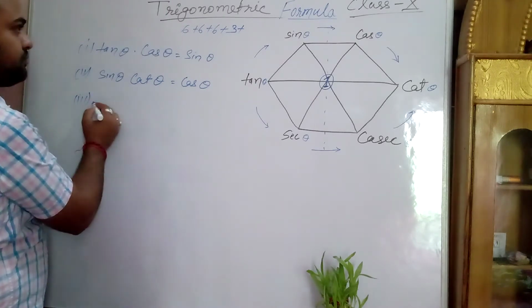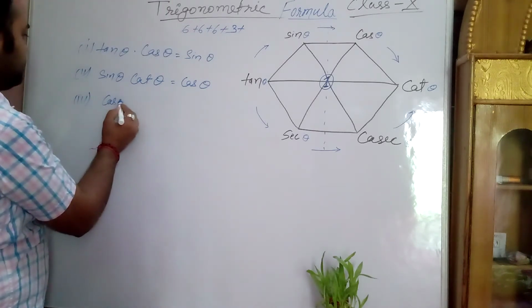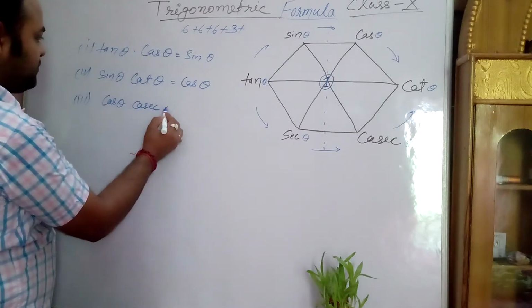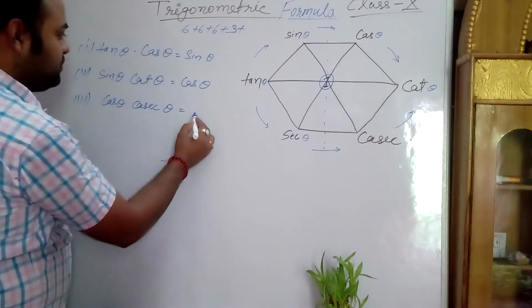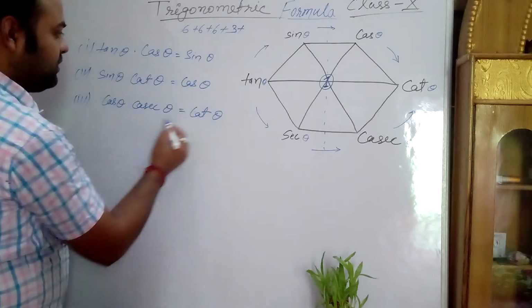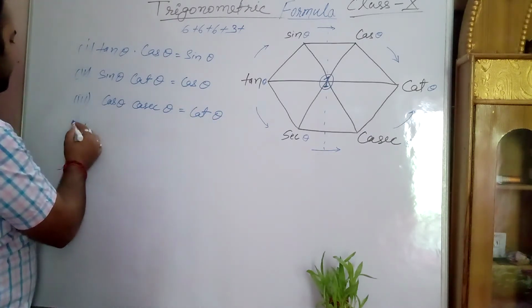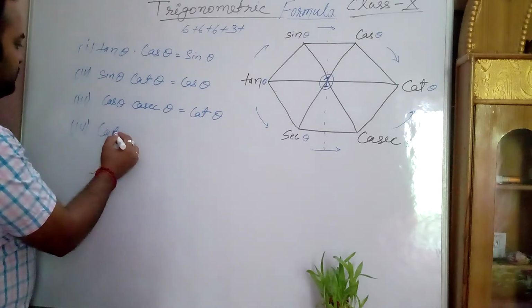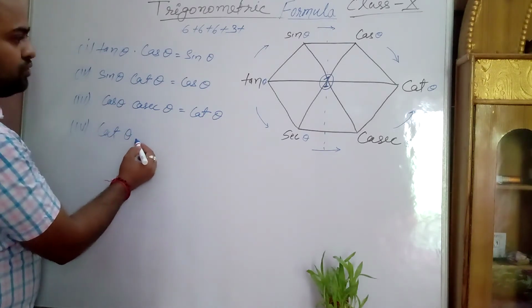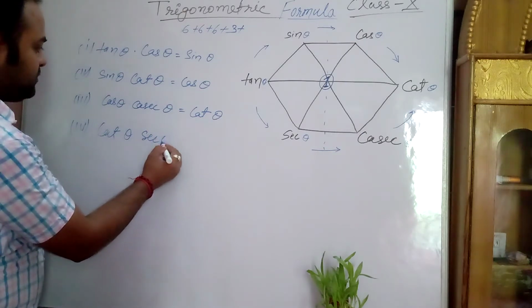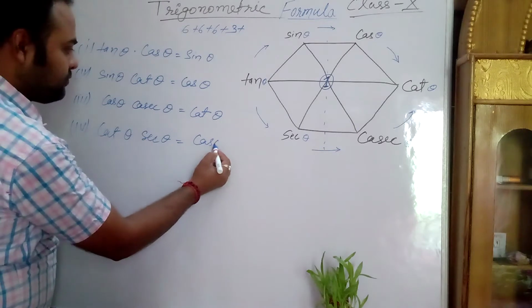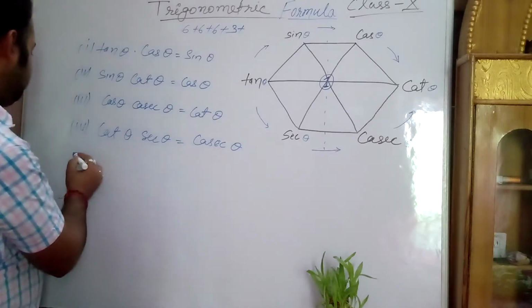Third, cos theta into cosec theta is equal to cot theta. Fourth, cot theta into sec theta is equal to cosec theta.